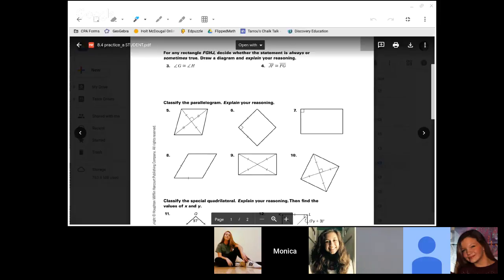So let's see, look at your quadrilateral family tree. Remember, this is going to be either a rectangle, a rhombus, or a square, okay? So look at those three things down there and see which one talks about diagonals being perpendicular.